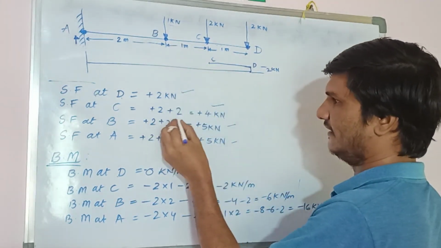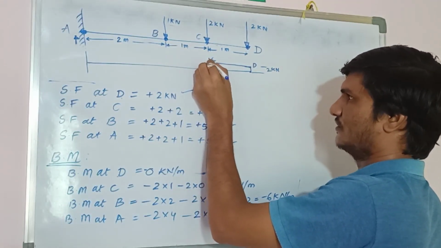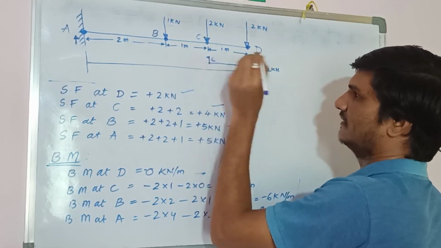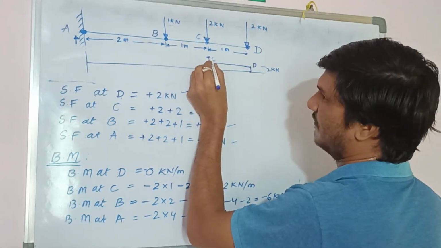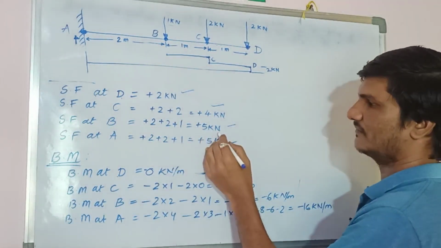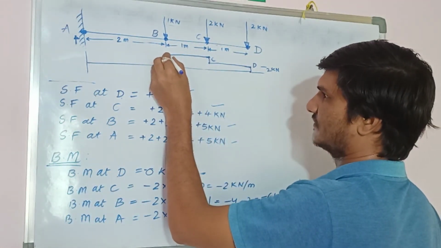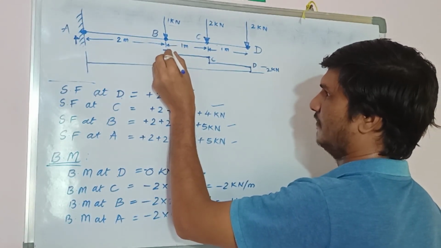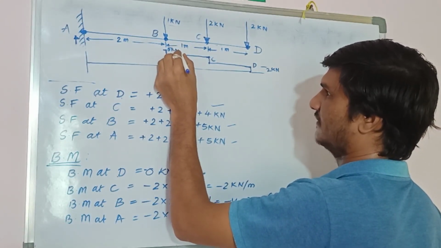Again at C it is 2 plus 2, you will get 4, so this point is C. Now it will be uniform up to B. The shear force at B is 5, plus one more, so 5 kilonewton here.